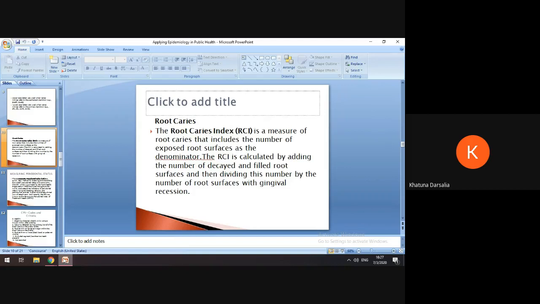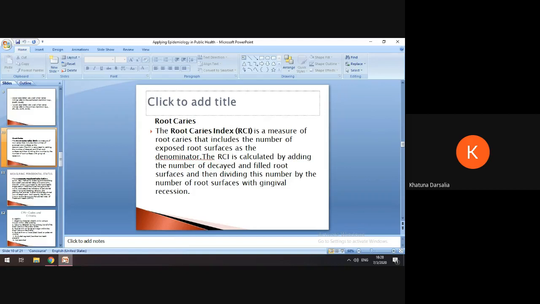The root caries index, RCI, is a measure of root caries that includes the number of exposed root surfaces as the denominator. The RCI is calculated by adding the number of decayed and filled root surfaces and then dividing the number by the number of root surfaces with gingival recession.